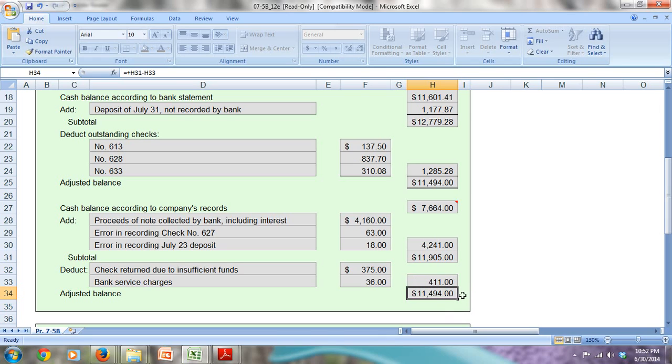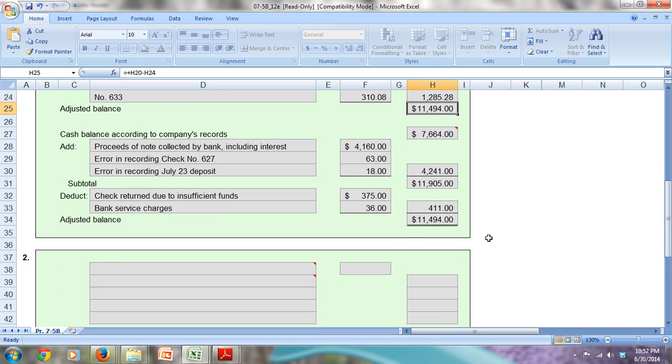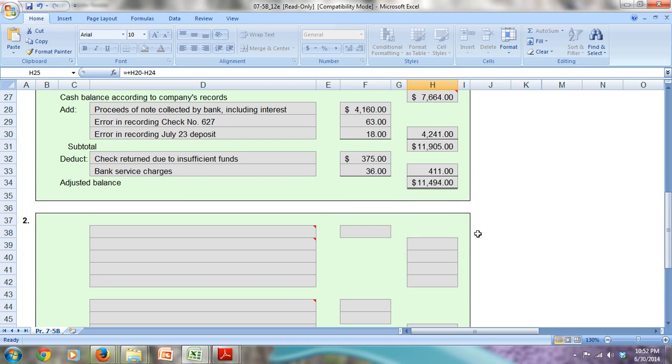So we're matching. We got $11,494 on the bottom in the book section, and $11,494 on the top in the bank section. Now let's do our journal entries. Remember, we only have to adjust the items that show up in the books. They have two separate items: one for the increases where you debit cash, and one for the decreases where you credit cash.